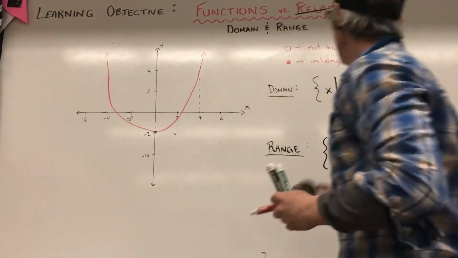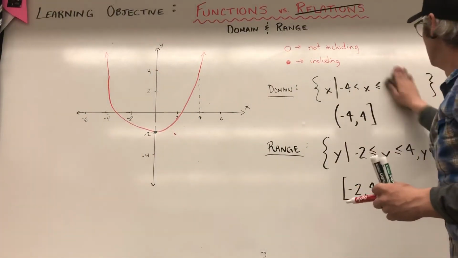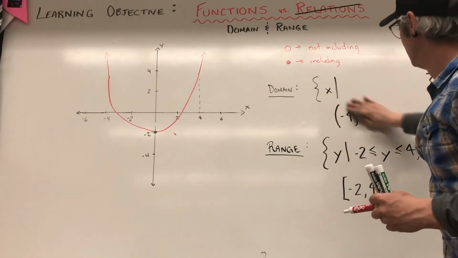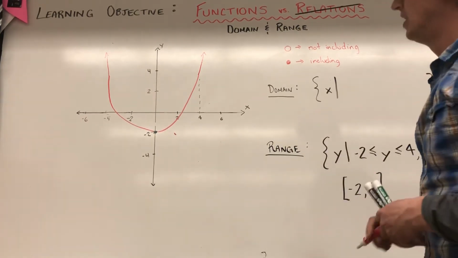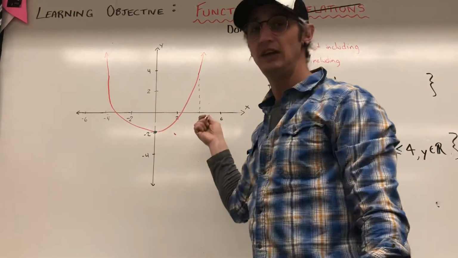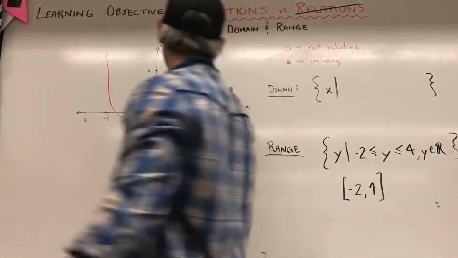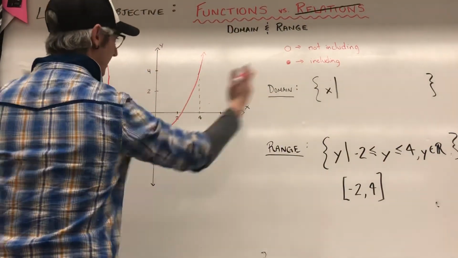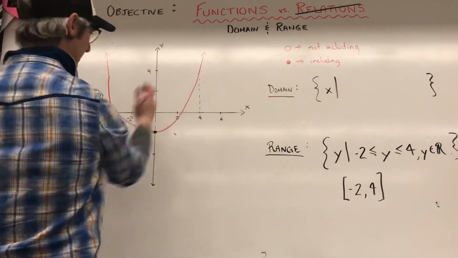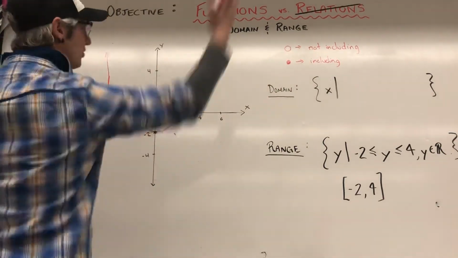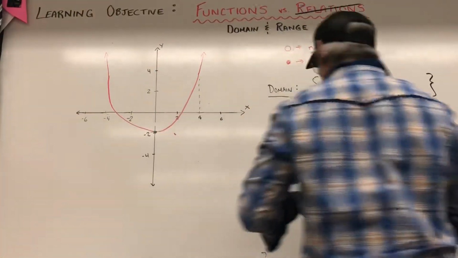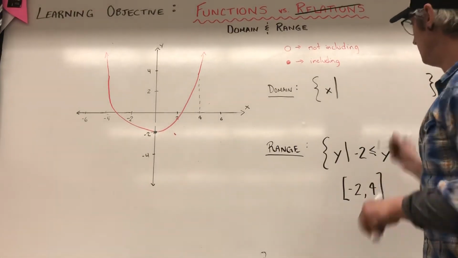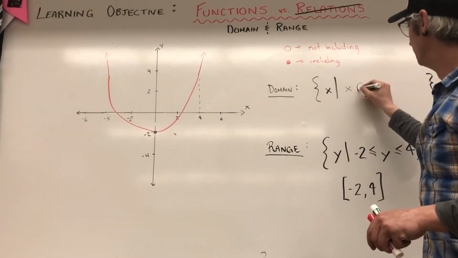So my domain, in this case, is going to be any x. Because there's no x's that it won't hit. It's continuous in here, and then it goes forever. So, in that case, our domain is just any real number.